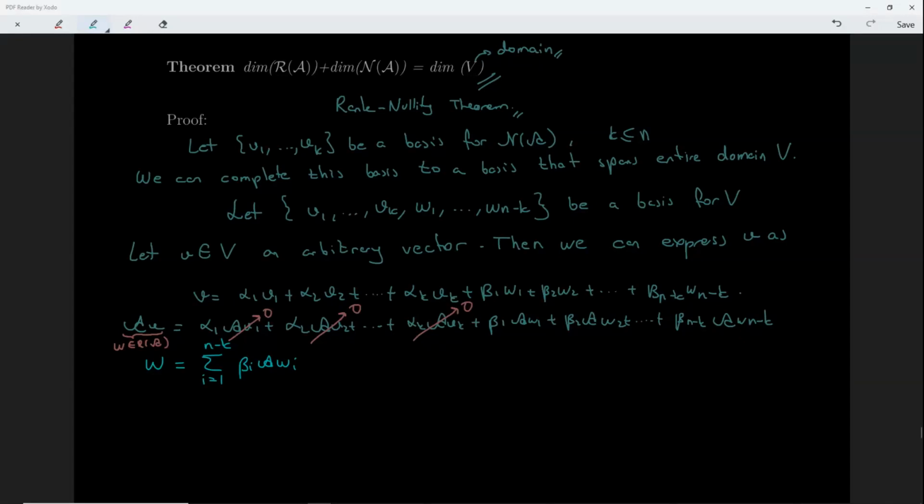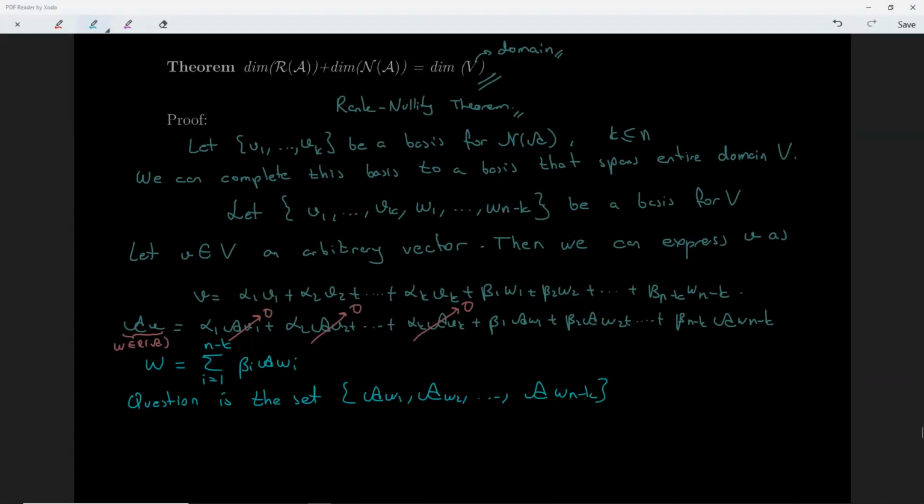So let me write the question. Is the set Aw1, Aw2, up to Aw n minus k a basis for the range space of A?